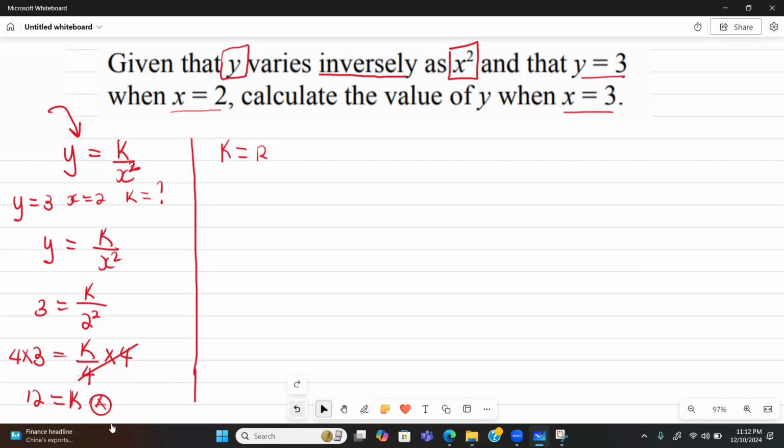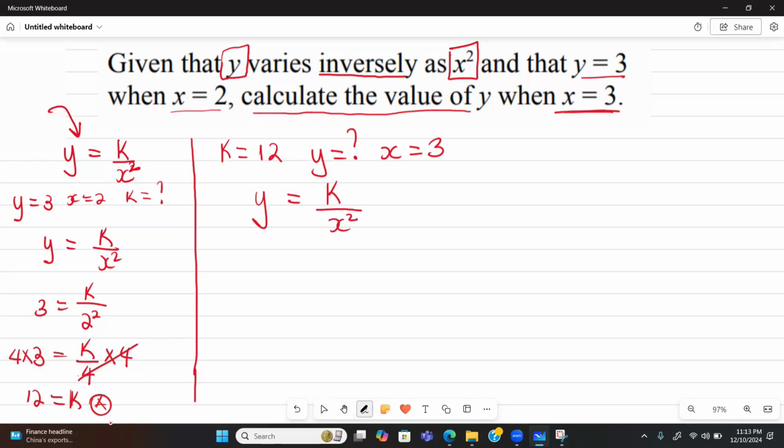If we read the question, it says calculate the value of y. We do not know y in this case, when x becomes 3. So now x is equal to 3. So let us utilize the same formula, because this formula dominates this question. It says y is equal to k over x squared.